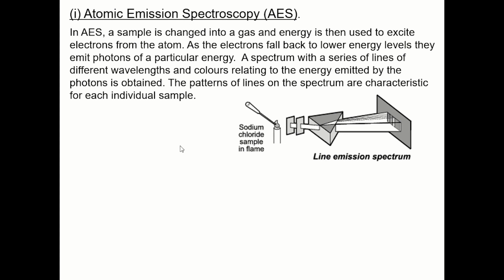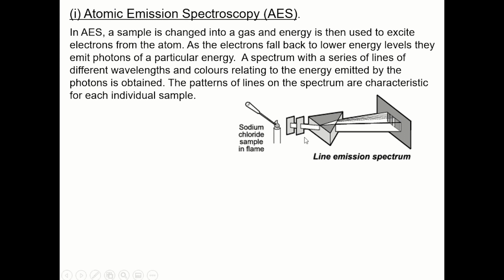And that is because we've taken a sodium chloride sample. Now, ideally for atomic emission spectrum, that would be a gaseous sample of sodium chloride. But we burn that in a flame, and the heat energy is making those electrons jump. They then fall back down, and that emits photons that allow us to see the orange colour of the flame.